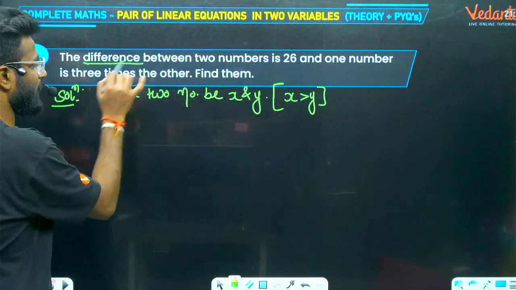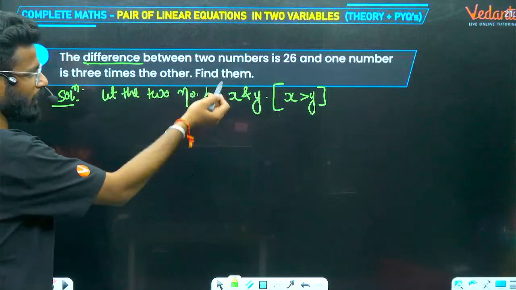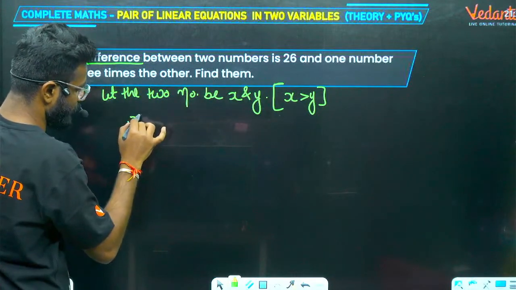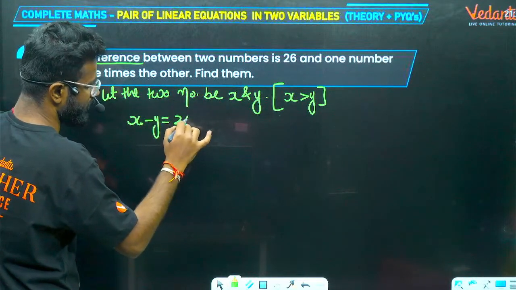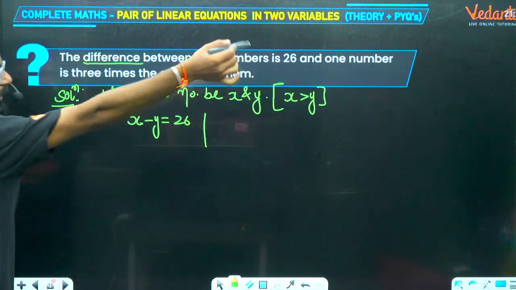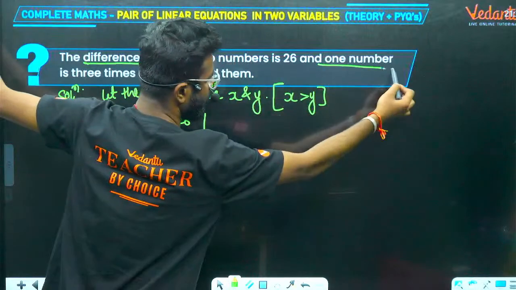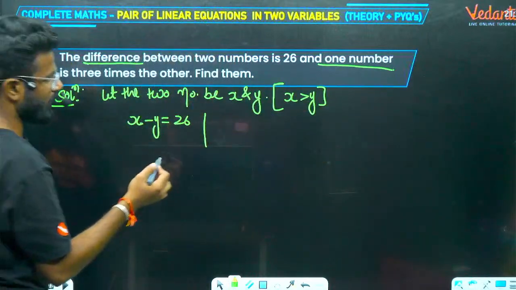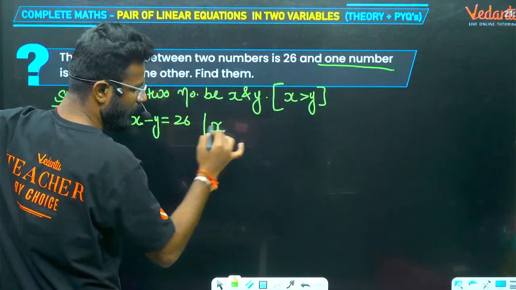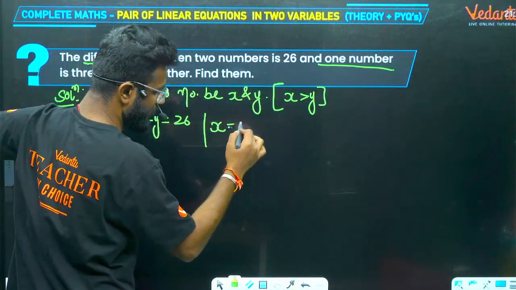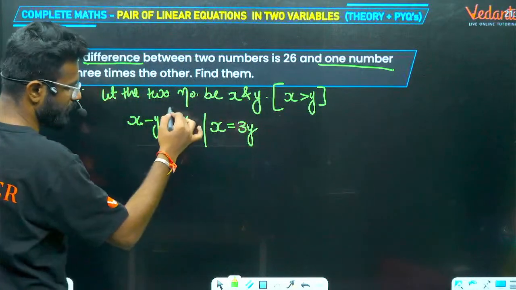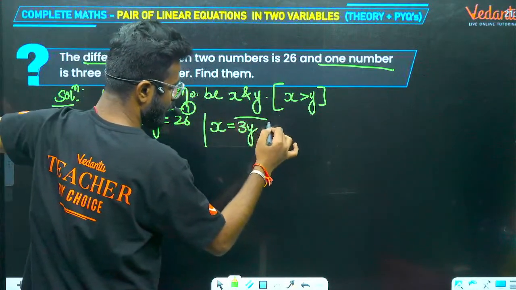If the difference between the two numbers is 26, then obviously x is greater than y, so x minus y is equal to 26, and the other equation you can get from here. One number is 3 times the other. One number, obviously it's the greater number, is 3 times the other.